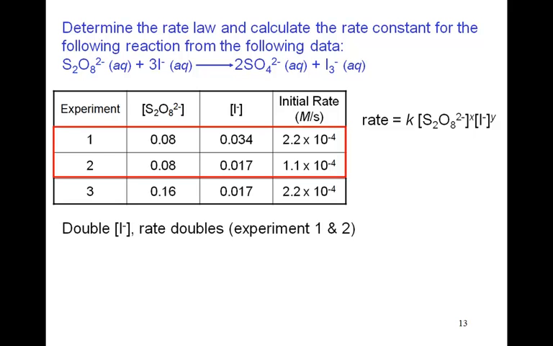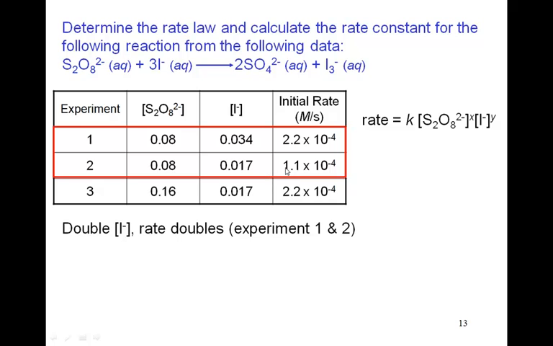So, let's look at the first two. We can see that in the first two experiments, the concentration of the S2O8 2- stayed constant, but the concentration of the I- changed. Well, we don't have to look at it from experiment 1 to experiment 2. We can look at it from experiment 2 to experiment 1, and we can see 0.017 compared to 0.034. 0.034 is twice 0.017.